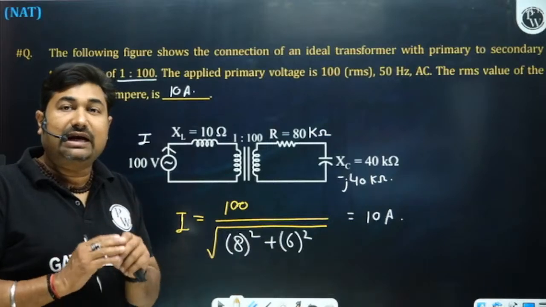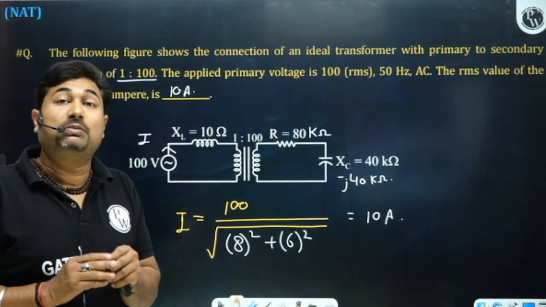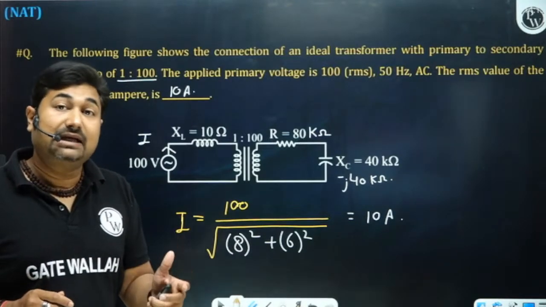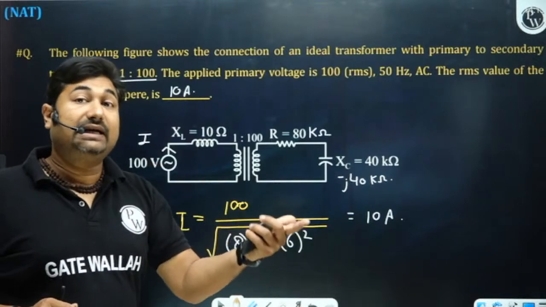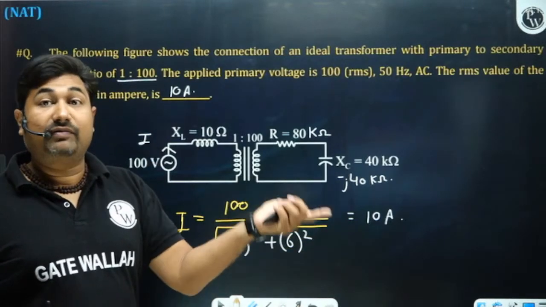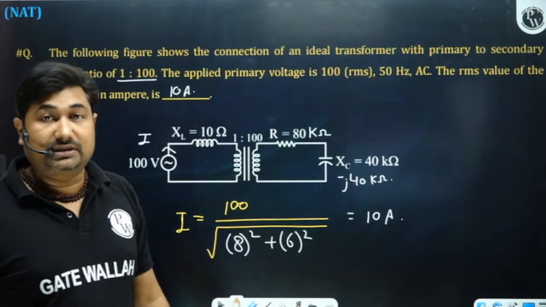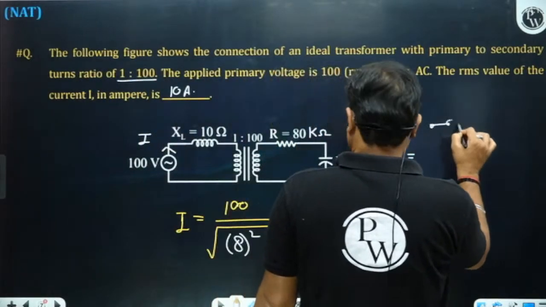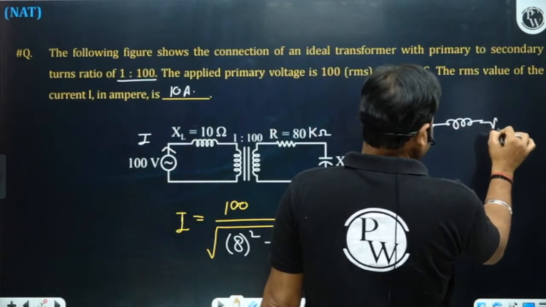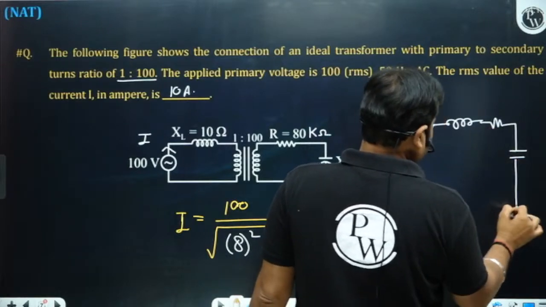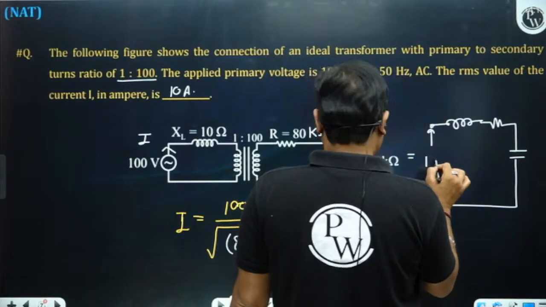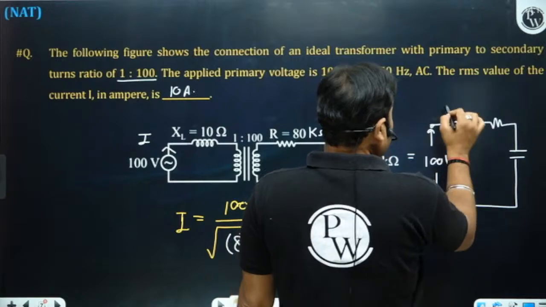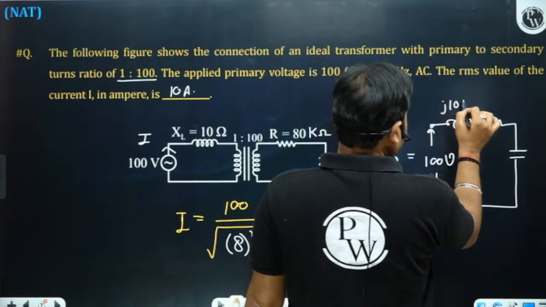See, whenever we are referring the impedances, we need to multiply by A square, where A is the side which we are going, that side is number of turns in the numerator, and from the side we are going, that side number of turns in the denominator. So actually I have just substituted like reactance and resistance and capacitance. Okay, we have 100 volt here. This is J10 ohm.